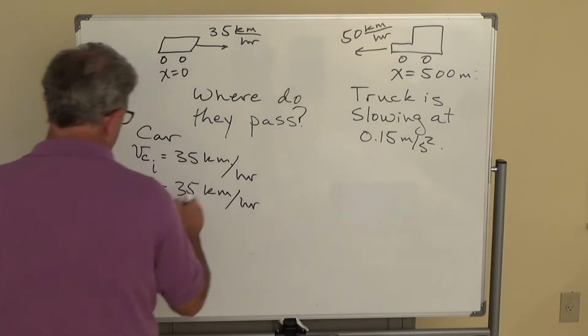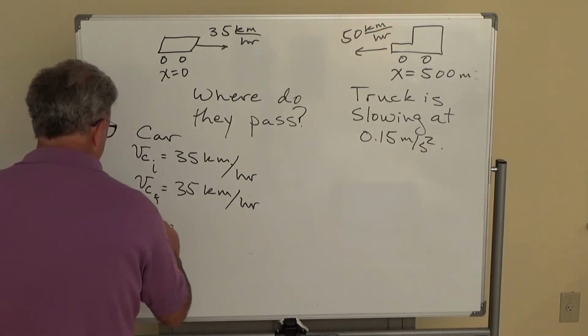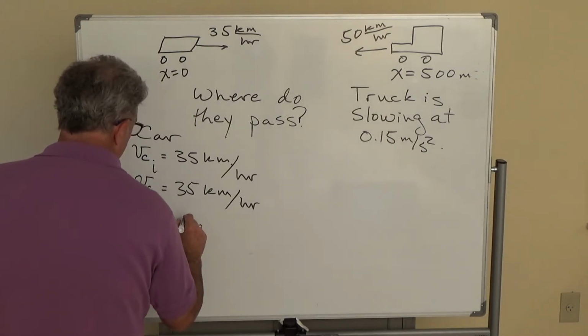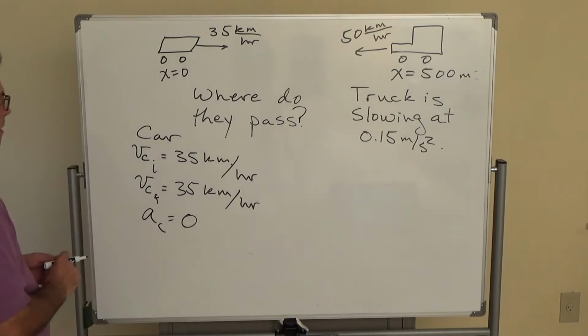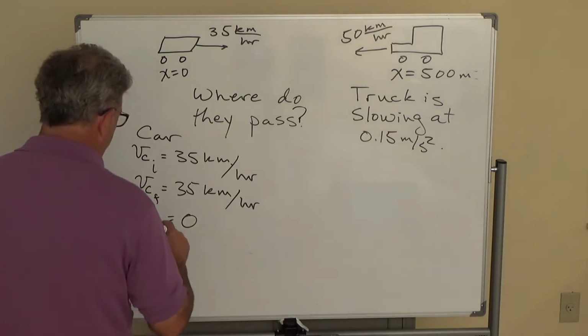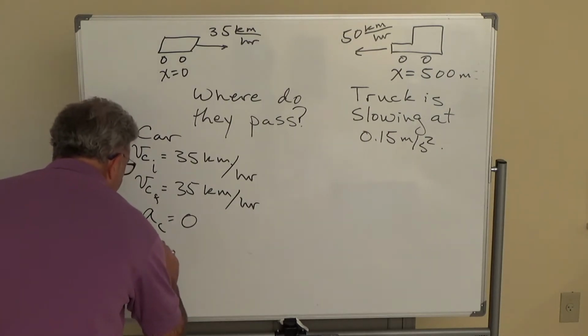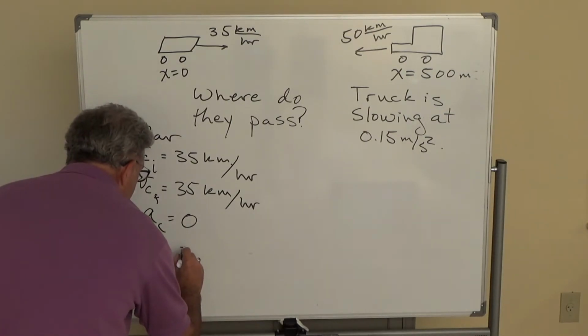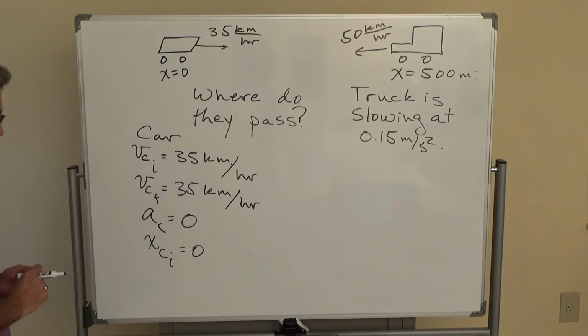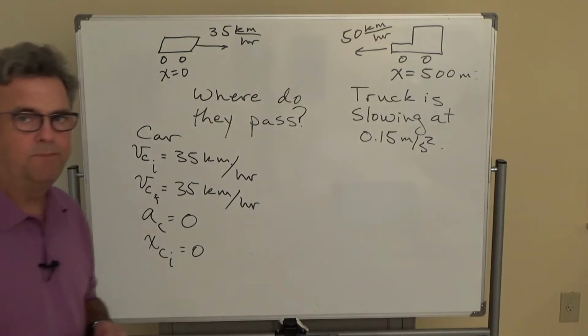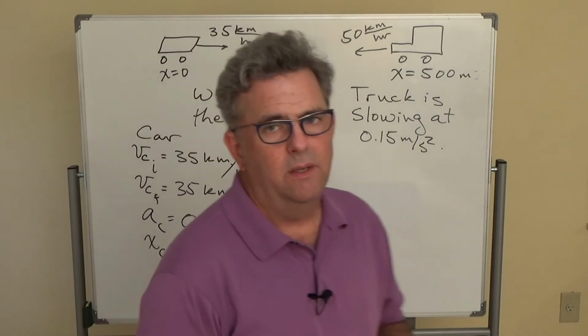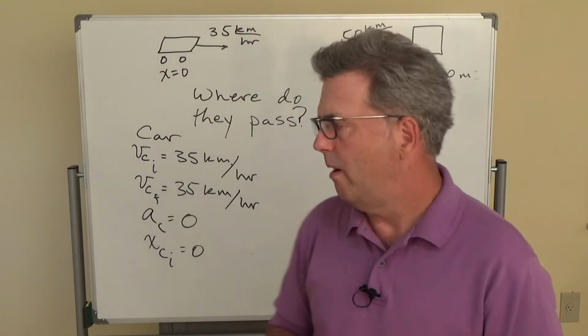Well, obviously, if there's no change in velocity, a car is equal to 0. X initial for the car. X car initial is equal to 0. Okay? Pretty simple for the car.